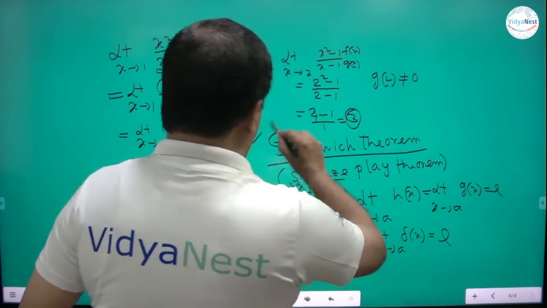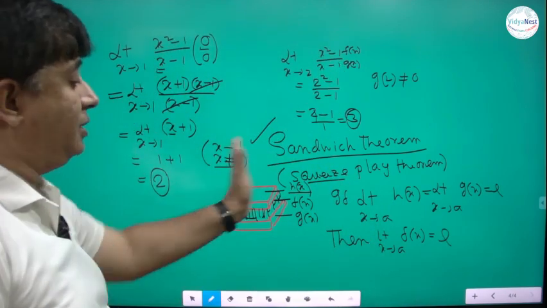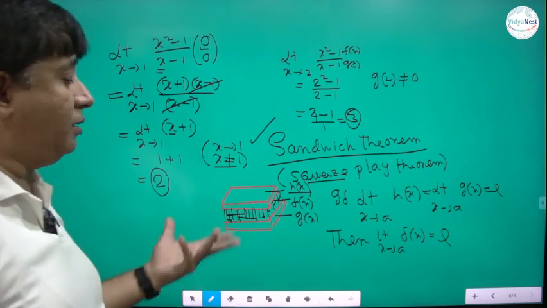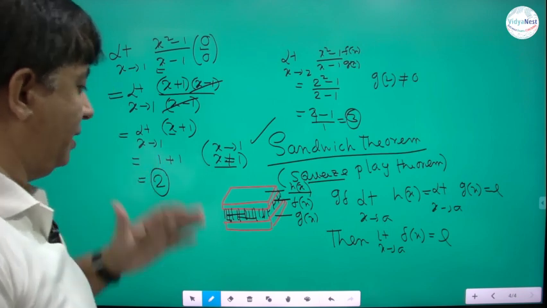This is called the sandwich theorem or squeeze play theorem. Understand? Sandwich theorem or squeeze play theorem. Understand?